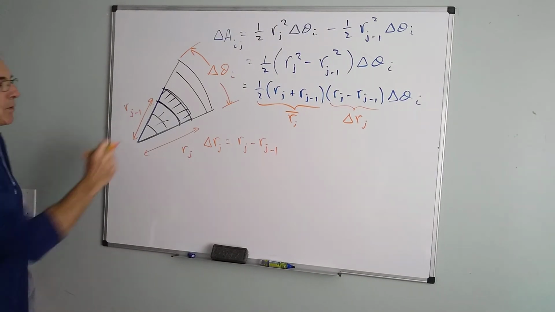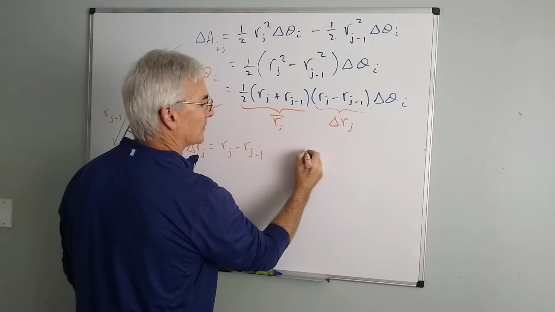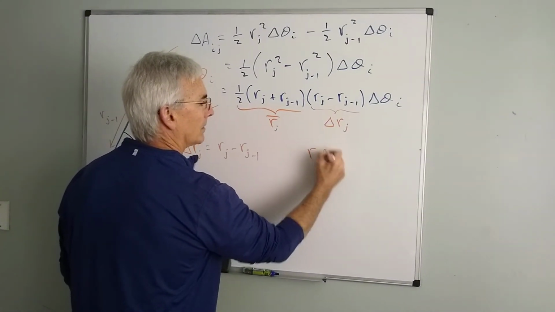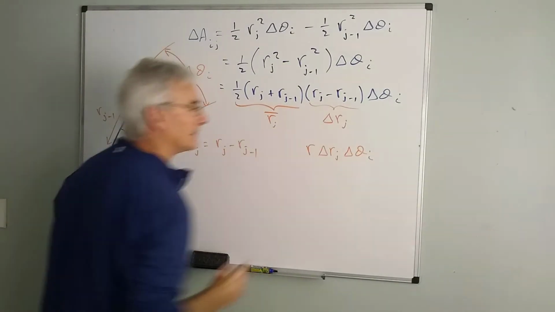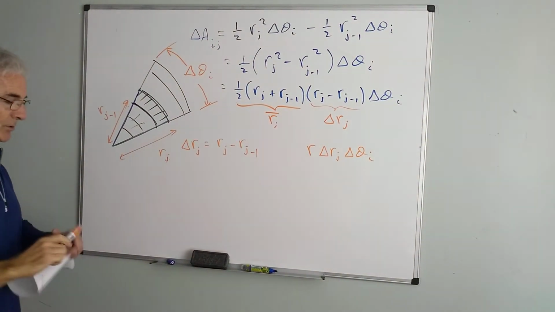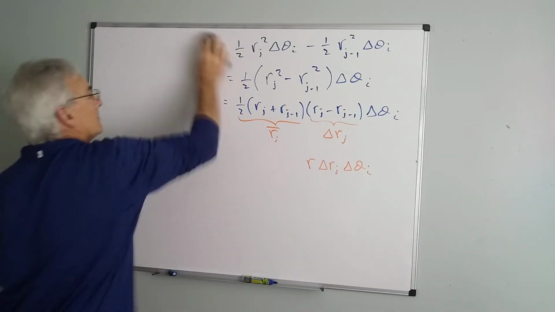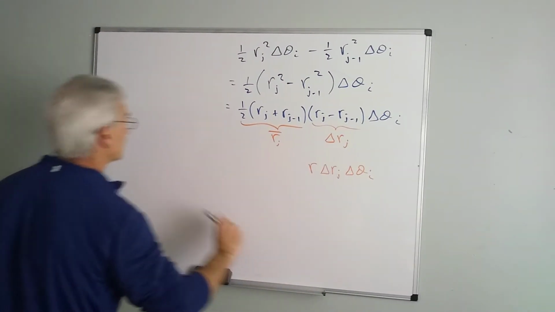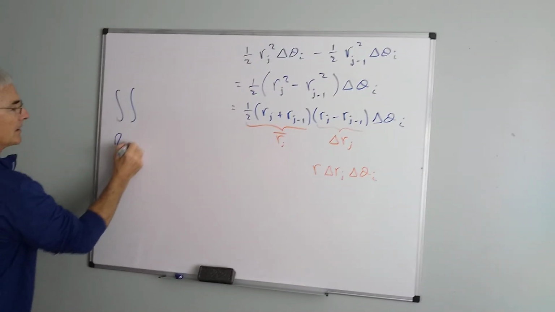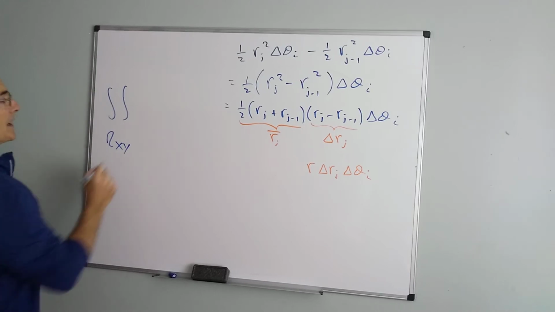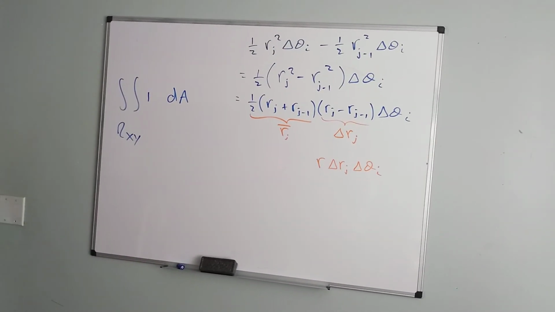So we notice if we want to find the area of that piece right there, it's simply going to be of the form R delta R delta theta. So translating that to a double integral now, if I have a situation here where I'm integrating over the region in the xy plane of 1 dA, we know this is the area.